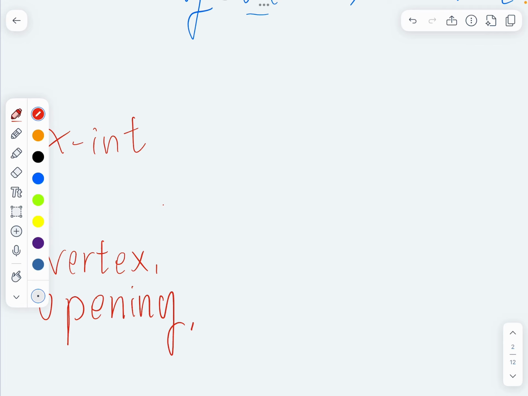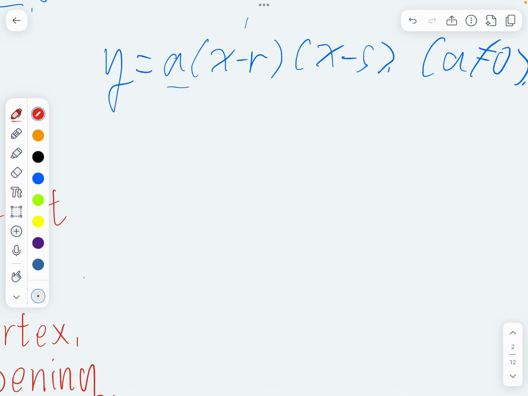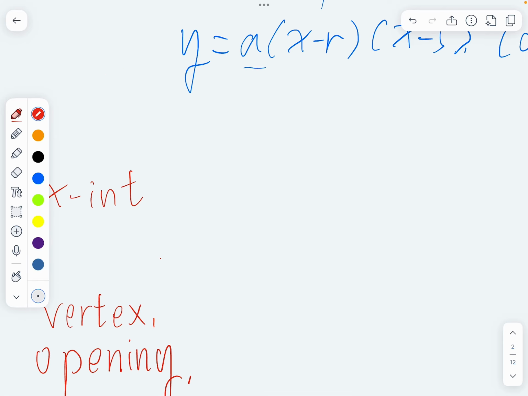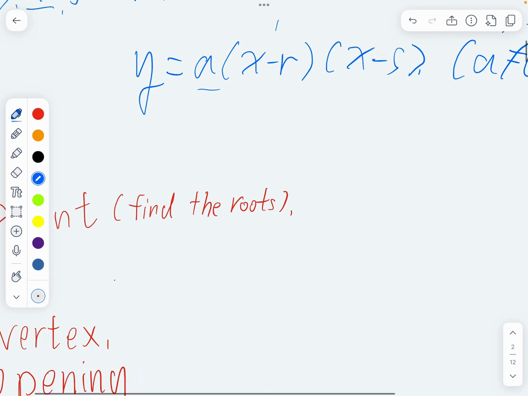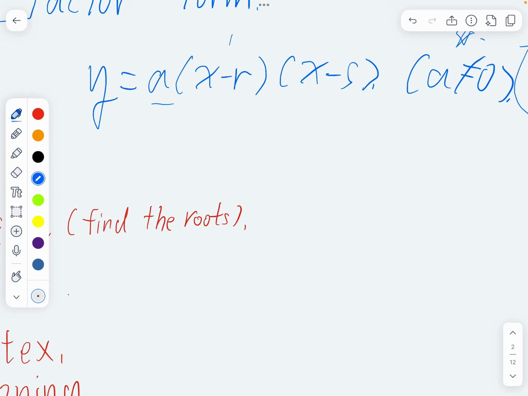For the factored form, the x-intercepts are the roots. What do I mean? The roots are where y equals 0.